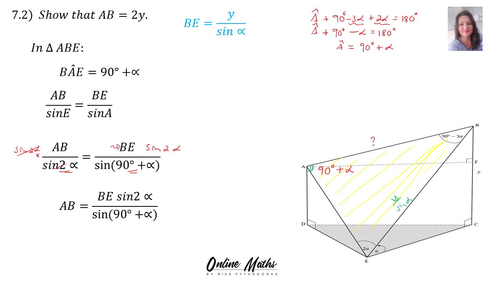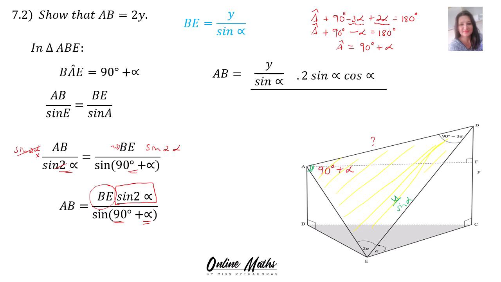So now in the next step, let's fill in BE. We know from the previous sum that BE was y over sin alpha. And then we find sin 2 alpha. This one is a double angle. So, and there's only one option, 2 sin alpha cos alpha, everything over sin 90 plus alpha.